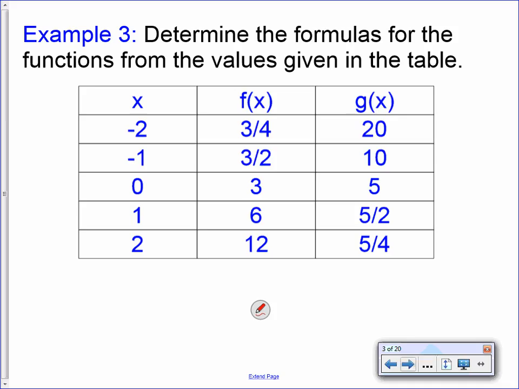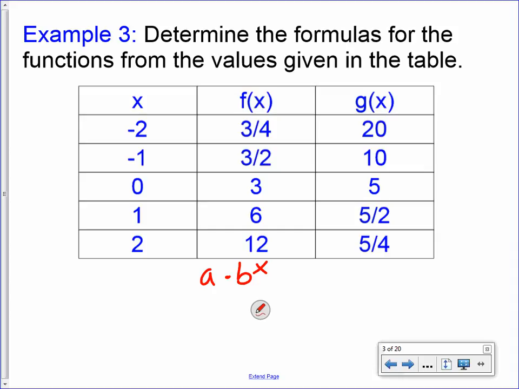All right. In this example, we're going to try to come up with the function given a table of values. Remember that our function is going to be in the form of a times b to the x power. So we just need to determine our a value, which remember is the initial value. It is also the y value when x is 0.